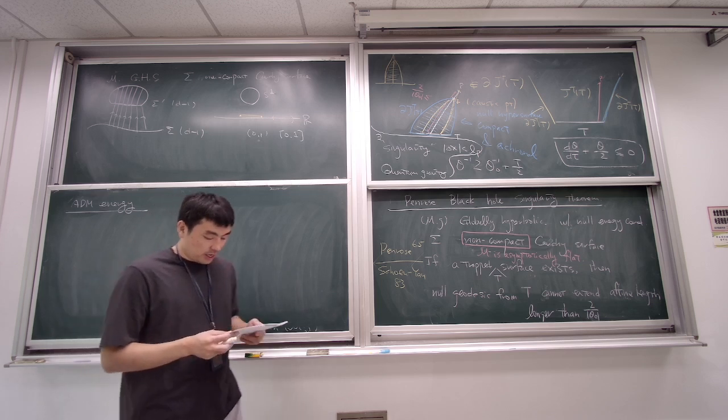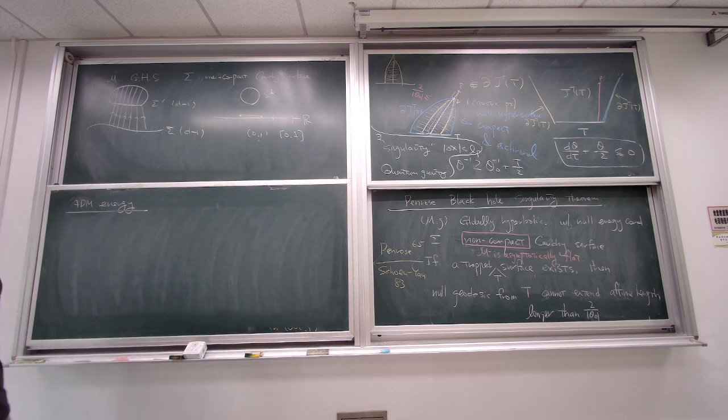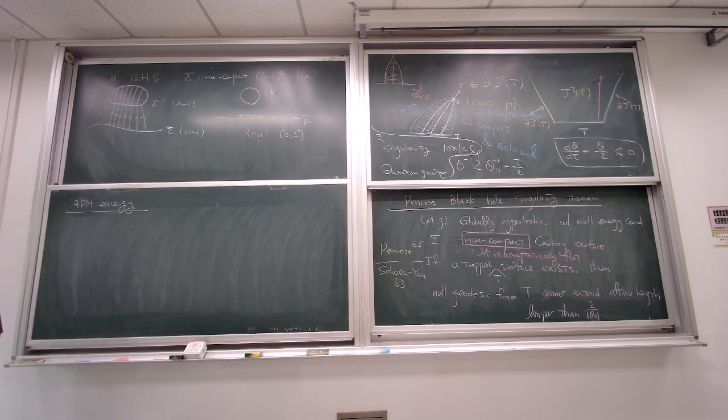The question is, how can we measure, from the far region of a flat spacetime, this mass and charge and momentum, angular momentum? That is the first calculation by ADM.